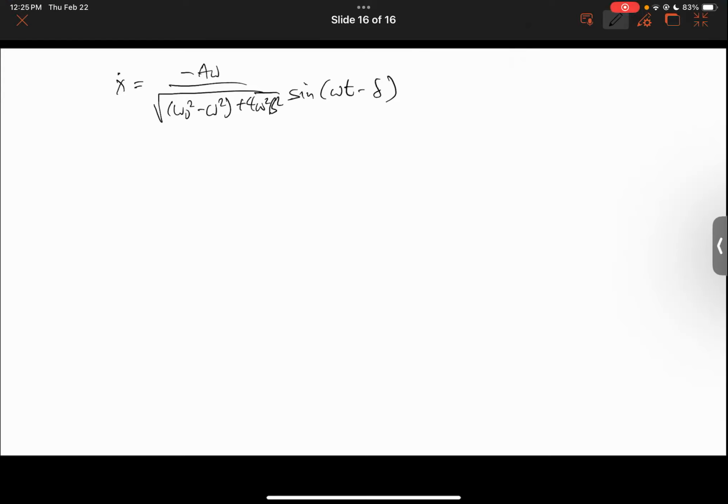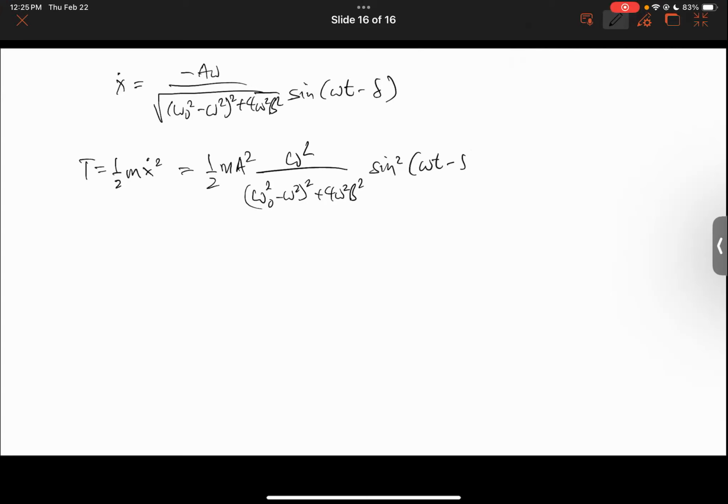Okay, the kinetic energy then becomes 1/2 m x dot squared. Okay, so this is 1/2 m a squared omega squared over omega naught squared minus omega squared squared plus 4 omega squared beta squared sine squared omega t minus delta.